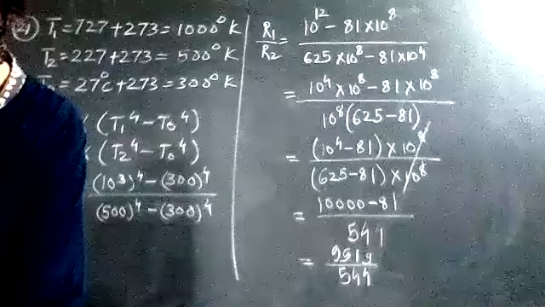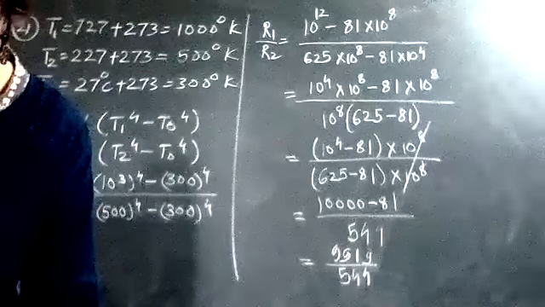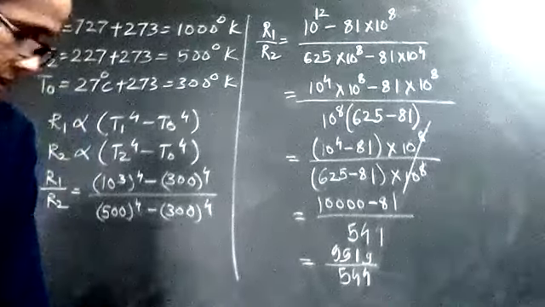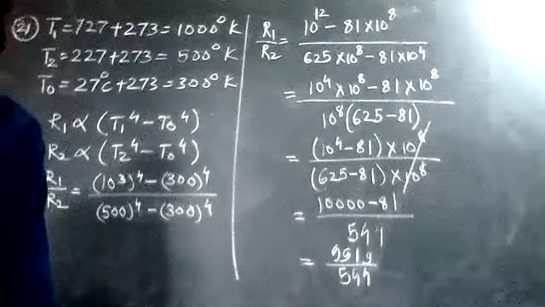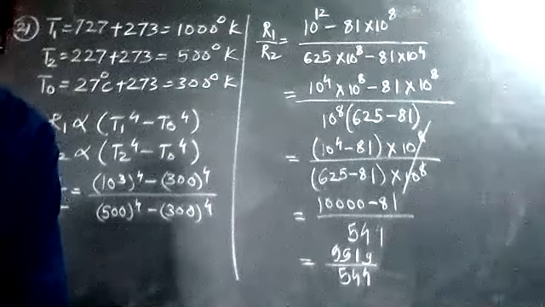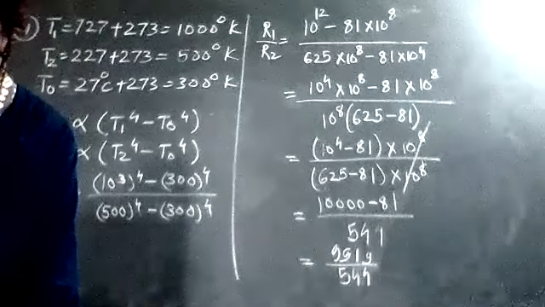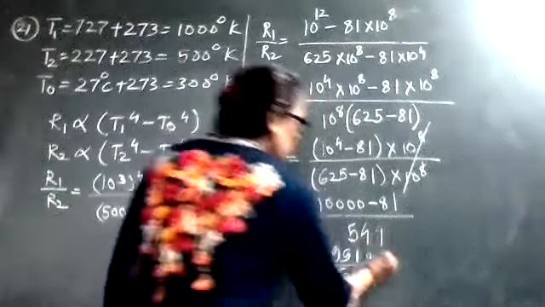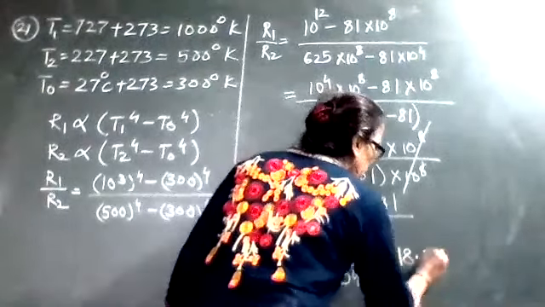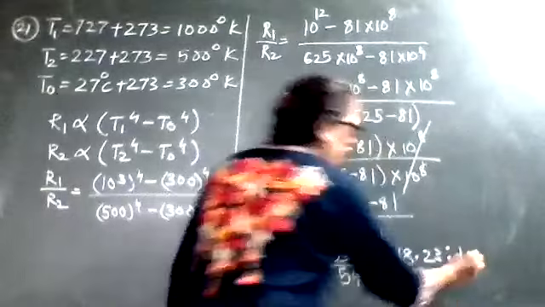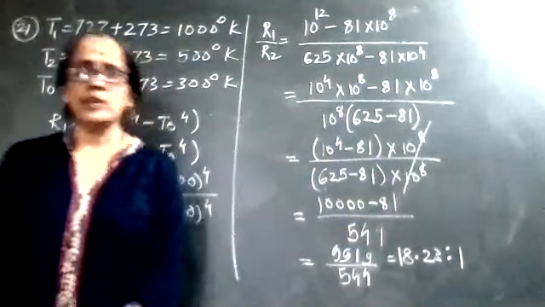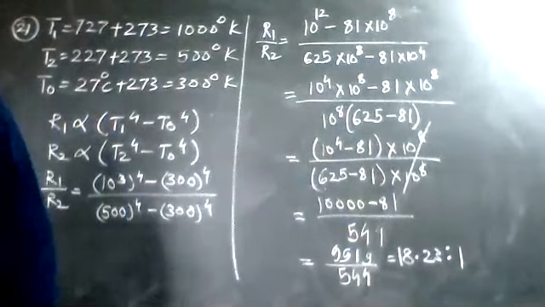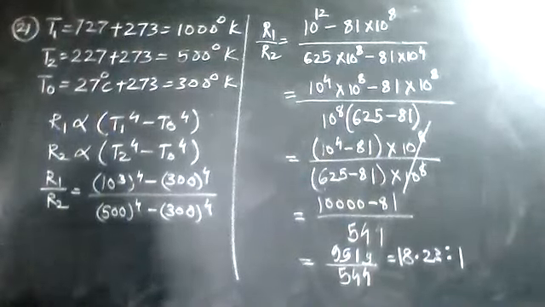I'll do this on the mobile phone. 9919 divided by 544, so it is coming 18.23. So your answer will be 18.23 is to 1. So this is nothing but the ratio of rate of loss of heat. Clear? Next, I will go for problem number 24.